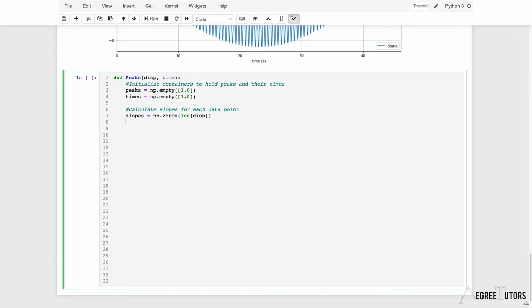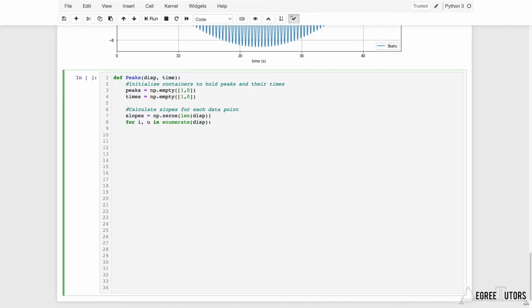All right, now that I've defined a container that's going to hold all these slopes, I can cycle through each of my displacements. We'll do this in the usual way, setting up a for loop. We'll want an iterator i, and we'll say u is the value of the displacement every time we go through the loop. We need to use enumerate if we want the counter, and disp.